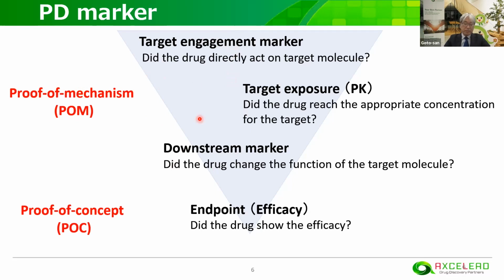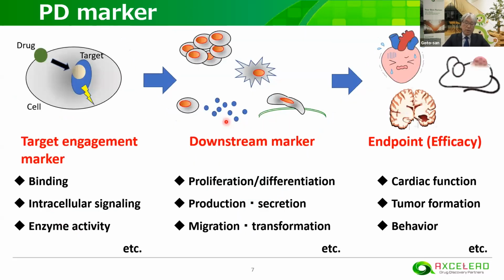Next, let me explain these three markers in detail. The target engagement marker means confirming that the drug acts directly on the target. For example, binding to the target, intracellular signal directly under the target, or in the case of an enzyme, the enzymatic reaction. Downstream markers are often used to assess the cell function using the events that occur as a result of the drug acting directly on the target.